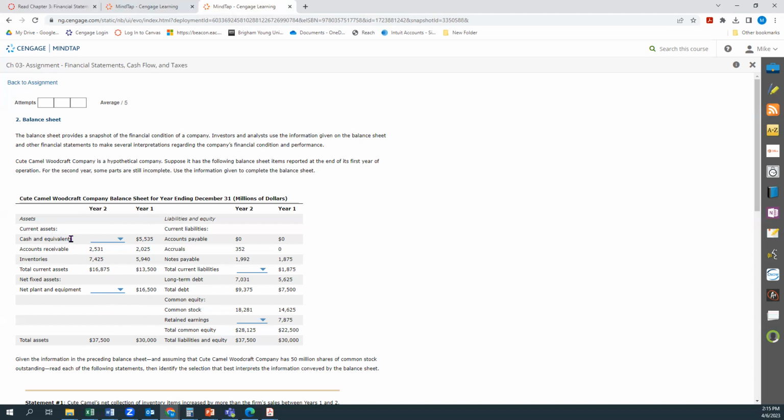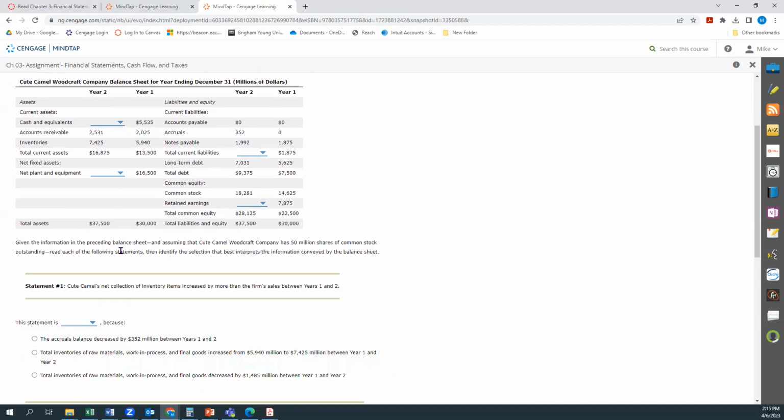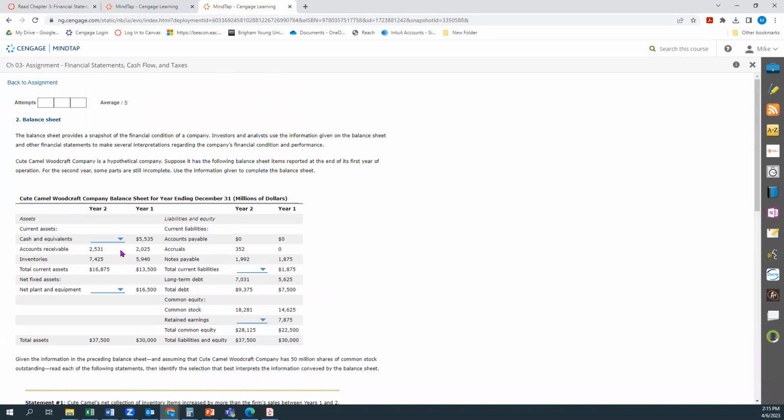We know that our cash and cash equivalents, accounts receivable, and inventories will add up to the total current assets. So if we know the total current assets and subtract out inventories and accounts receivable, we'll be able to find our cash and cash equivalents. So that's a little bit about a balance sheet that I think might be helpful in completing the work.